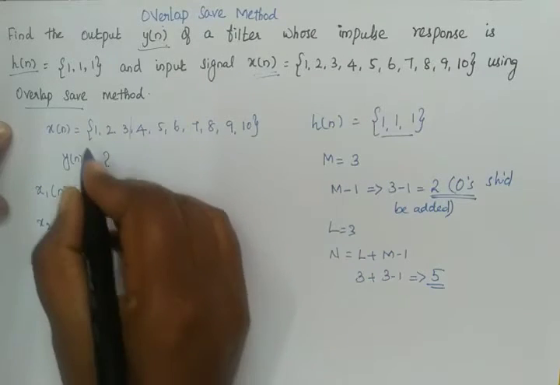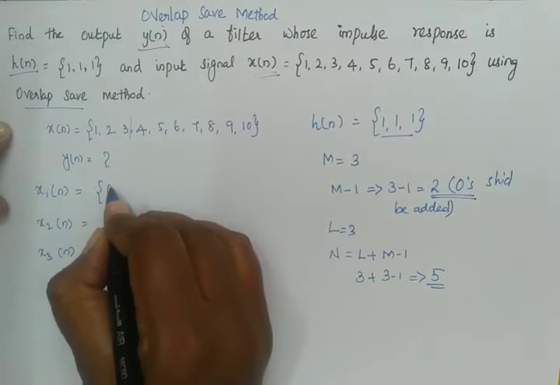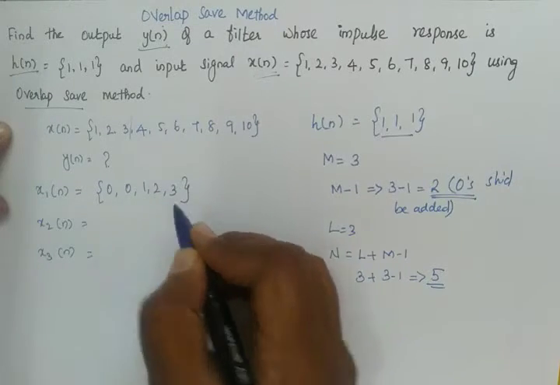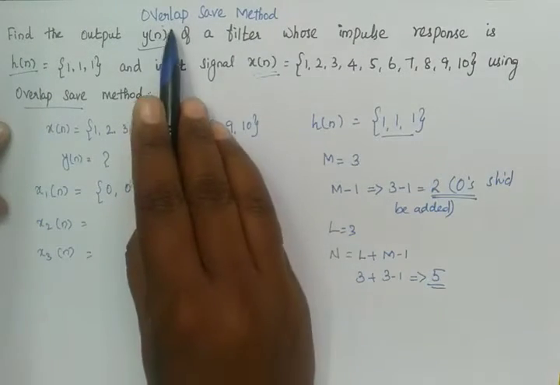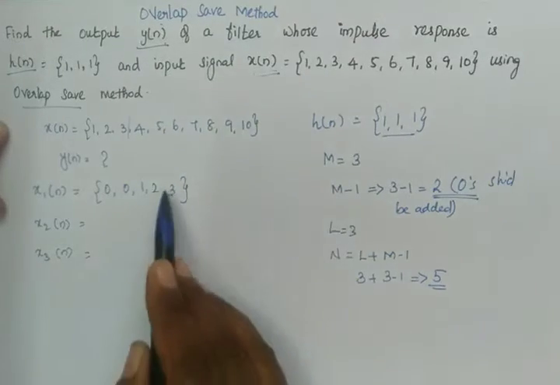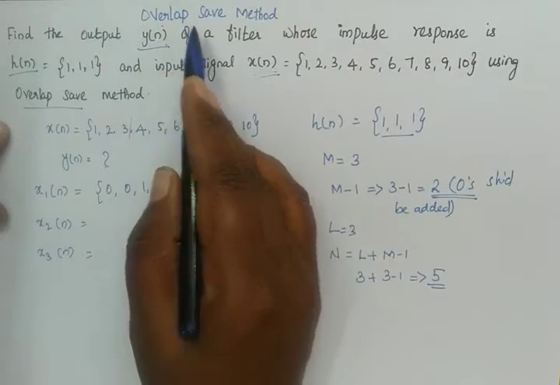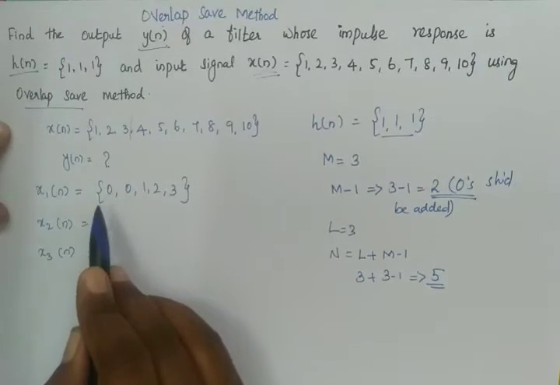So with 2 zeros in the beginning, the sequence will be 0, 0, 1, 2, 3. So remember, in the overlap add method we add zeros at the end of the sequence; in the overlap save method, we add zeros in the beginning.